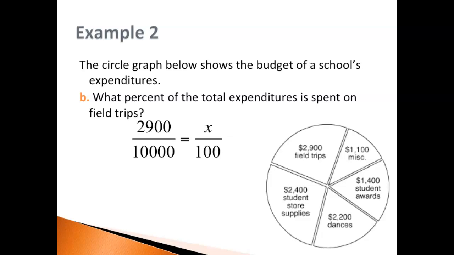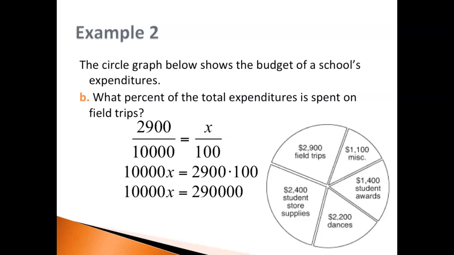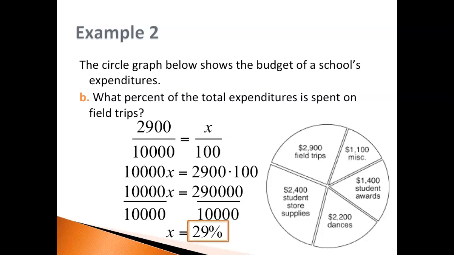So now we have 10,000 times x equals 2,900 times 100. That's 10,000x equals 290,000. Divide both sides by 10,000 and we get x is equal to 29. Now this is 29 over 100, so that's as a percent. So our answer here is 29%.